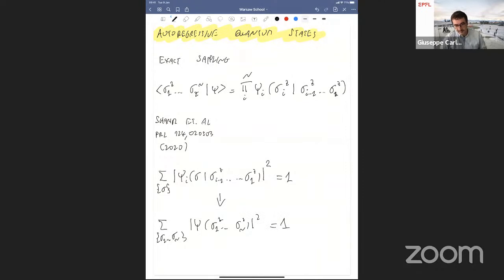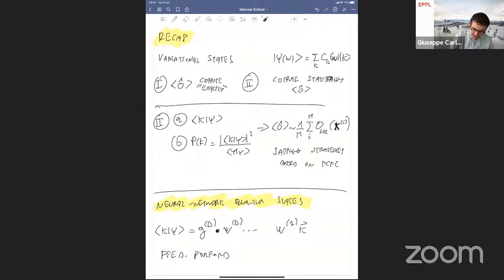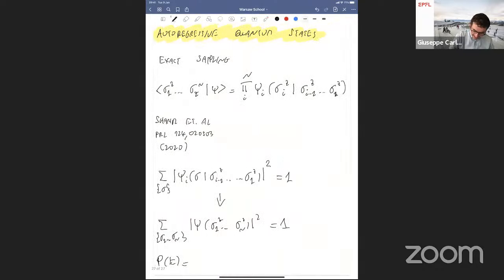Okay, so this is beautiful in a sense because it allows you to work directly with parametric states that are already normalized, contrary, for example, to a general convolutional network or other representation of the wave function. And indeed, the probability distribution that we are interested in sampling from, which is always this psi square, takes the form of a product of conditional probabilities, now actual probabilities, because you have the square of this psi, right?